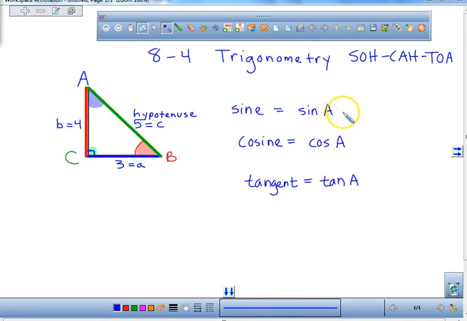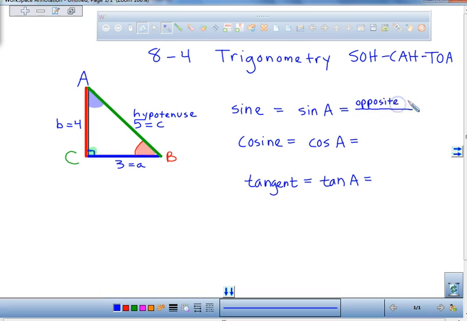Now, everybody, next to the sine of A and the cosine of A and the tangent of A, I want you guys to write these words, and we'll talk about what these words mean. For the sine of A, I want you to write full words. Write down opposite side in relationship to the hypotenuse.